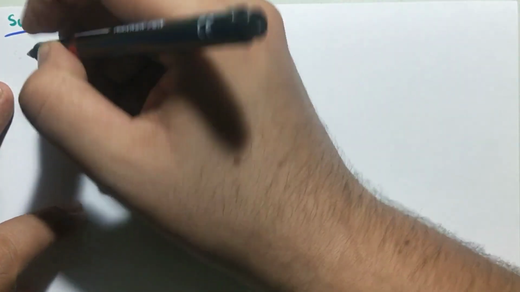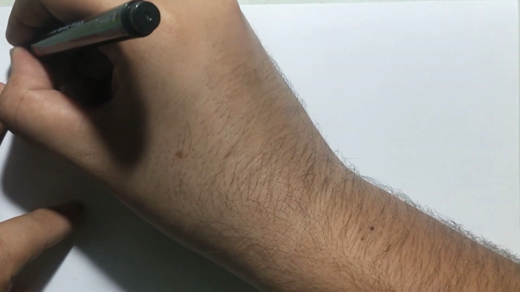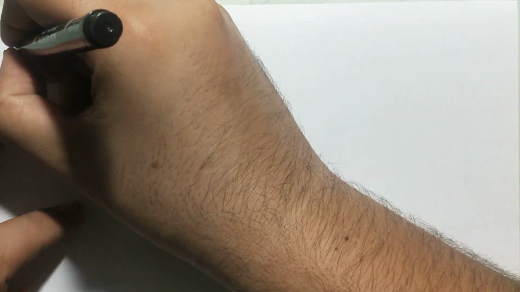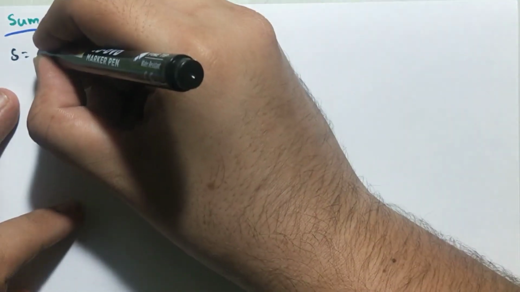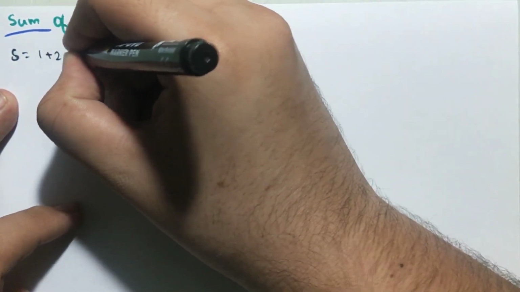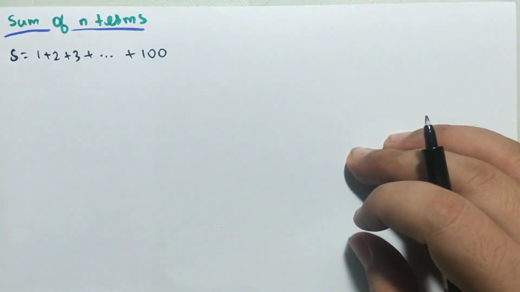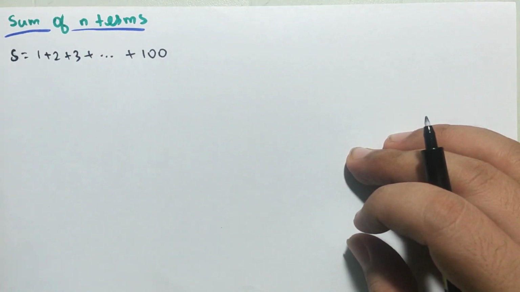The sum of those natural numbers I am writing as S. The sum I can write as 1 plus 2 plus 3 till 100. I'm just taking the sum of the natural numbers from 1 to 100.